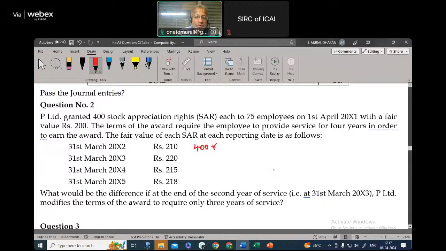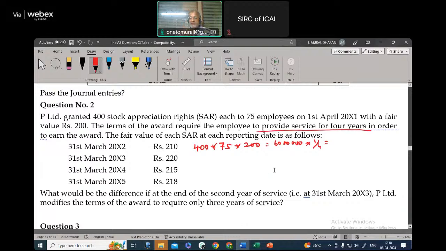400 into 75 into 200, that is 60 lakhs. And we are expected to take up only 1/4 of that at that point of time. Why? Because the term of the award is to provide service for 4 years.